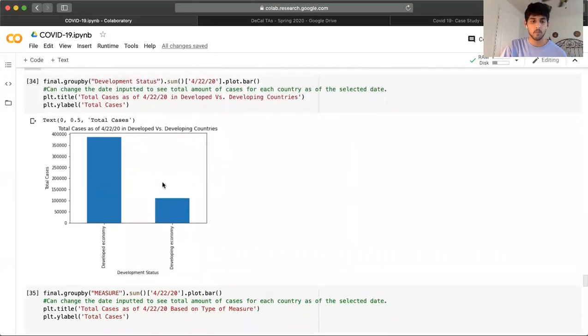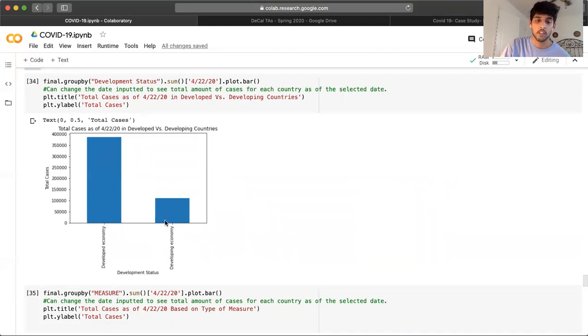Moving on, I've decided also to split up the countries based on their development status. What I mean by this is if they have a developed economy or a developing economy. And so out of the 6 countries above, whatever countries are classified as a developed economy, I've added up their total number of cases into one bar.